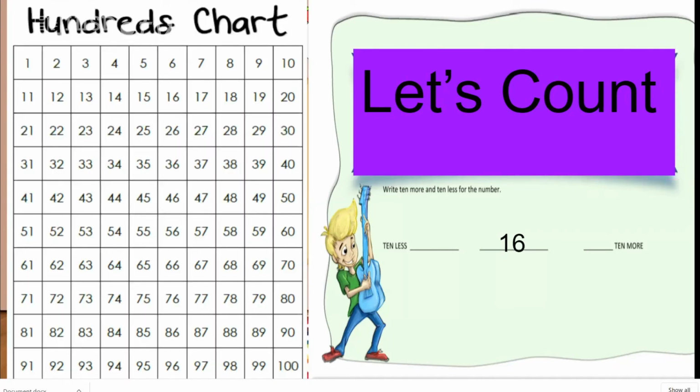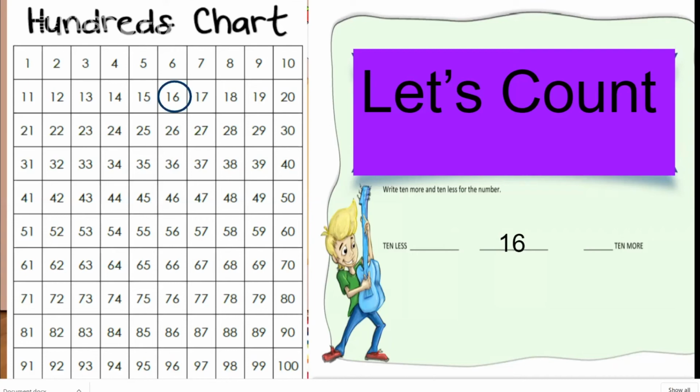Let's try it with the number 16. See if you can find 16 on this 100 chart. Which column is it in? What do you think is going to be 10 more and 10 less? Did you find the number 16? There's that number 16.